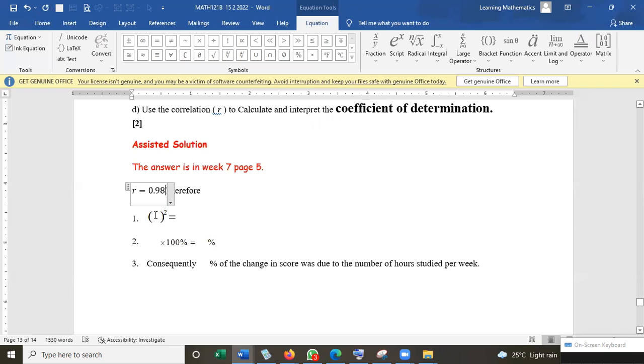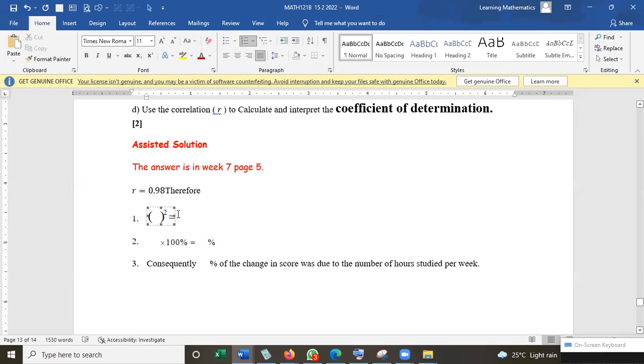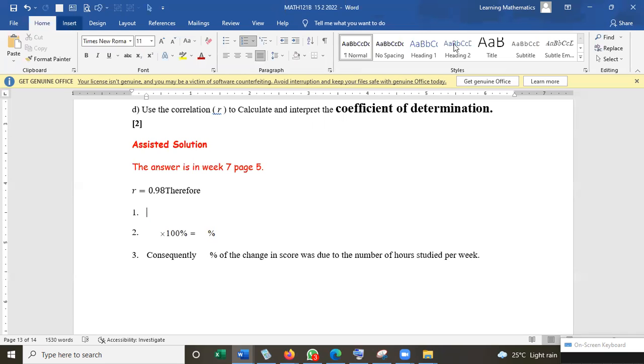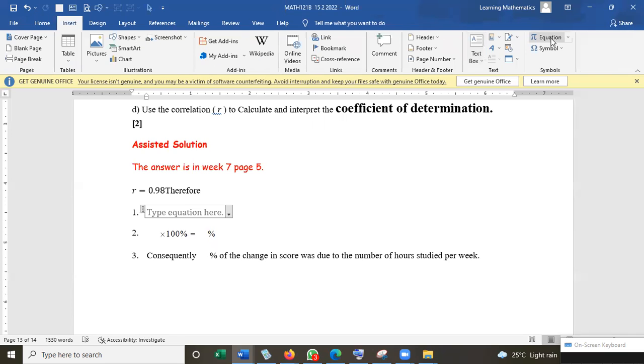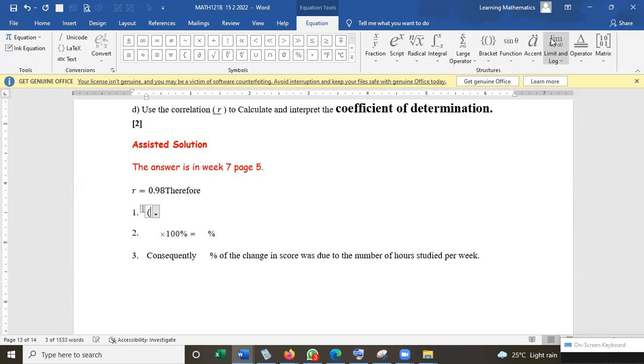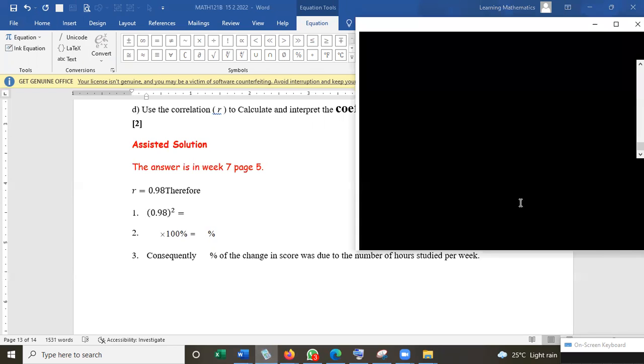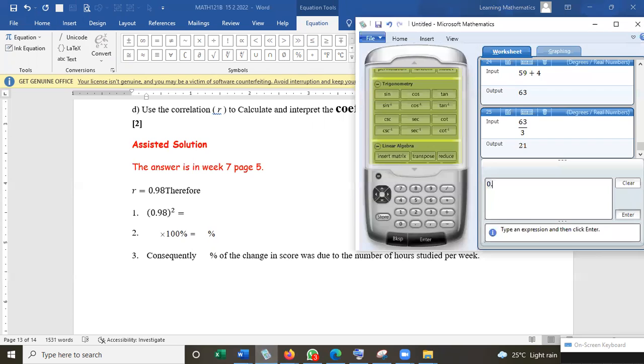Therefore, the first step is to square the correlation. Square the correlation, that's the first step in order to calculate the coefficient of determination. Square the correlation, 0.98 squared, 0.98 times 0.98.